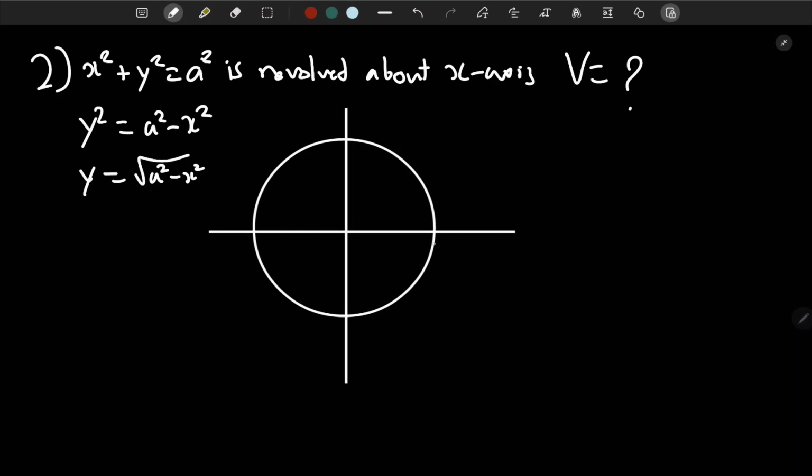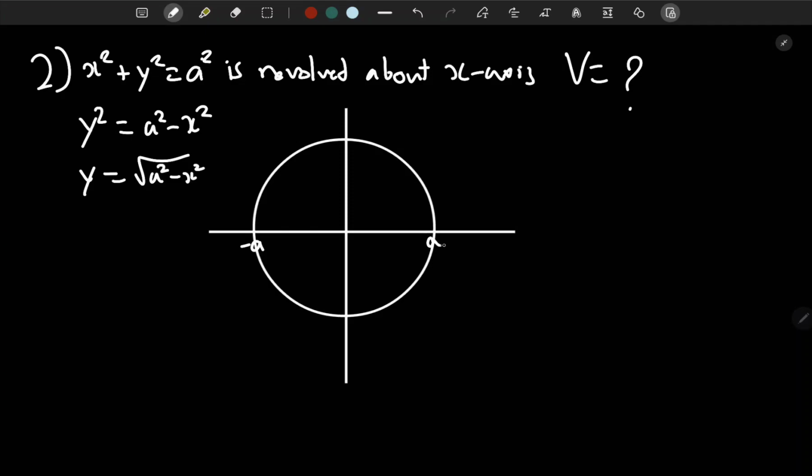So when we choose a, it is 0, and negative a will also be 0, and so on. So you can graph it like that also, but you should know the equation for a circle. And all these points are a, a, and a here. So now we are rotating against the x-axis, and we know our limits.